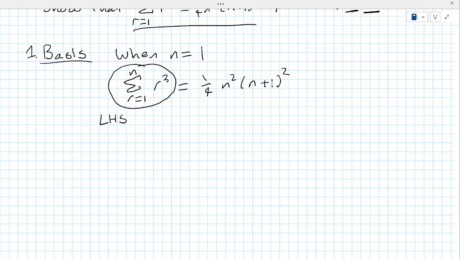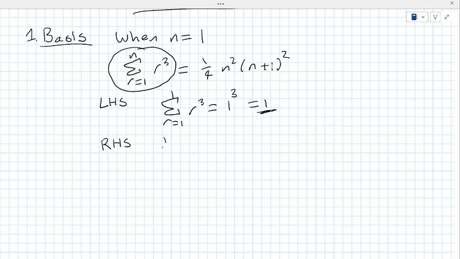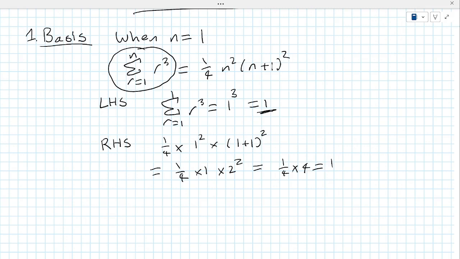Then I would substitute n as 1, so it would be the sum of r cubed from r equals 1 to 1, which is equal to 1 cubed, which is just equal to 1. And then I'd work on the right hand side. So a quarter times 1 squared times brackets 1 plus 1 squared, which then simplifies to 1 over 4 times 1 times 2 squared, which is then again 1 over 4 times 4, which is just a 1.